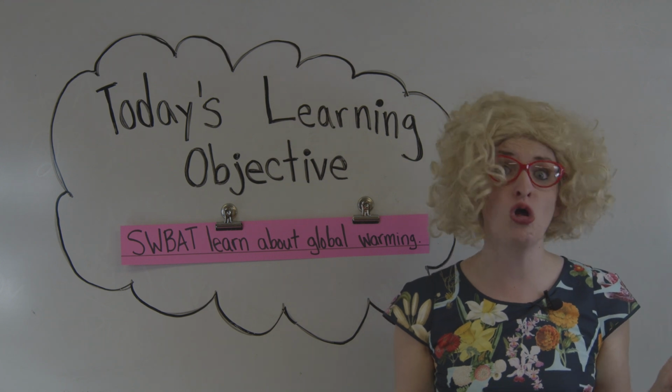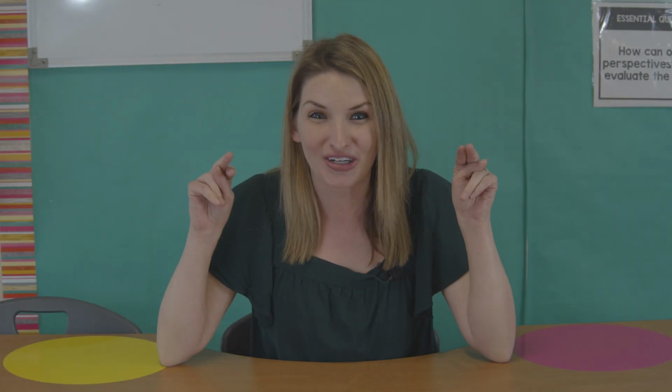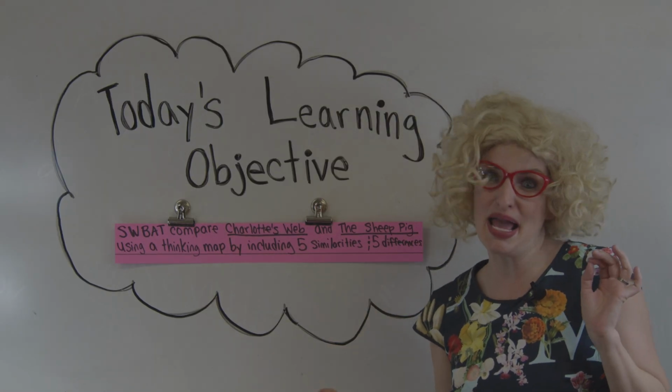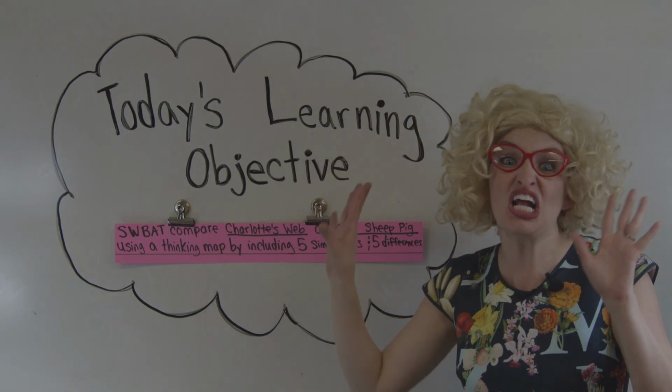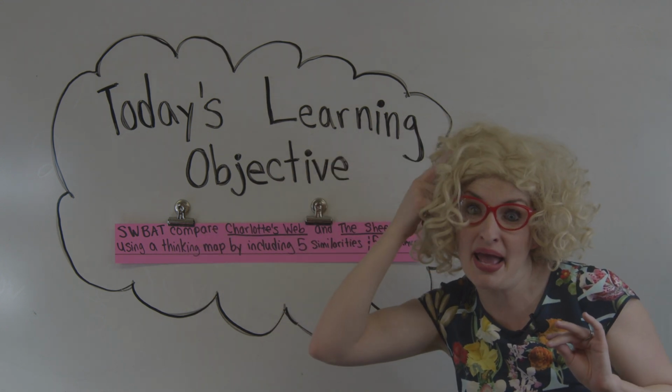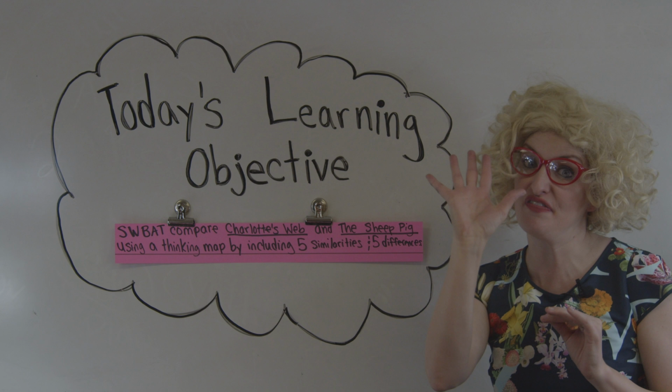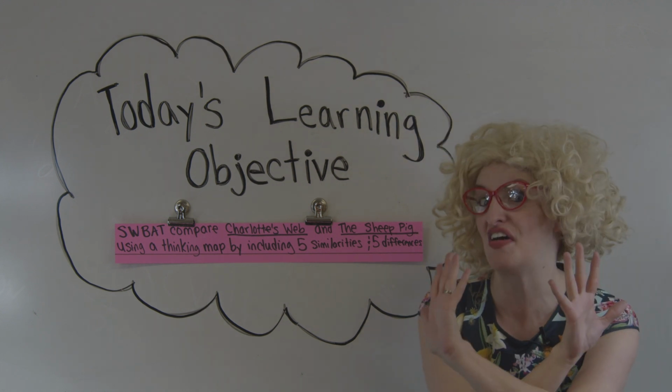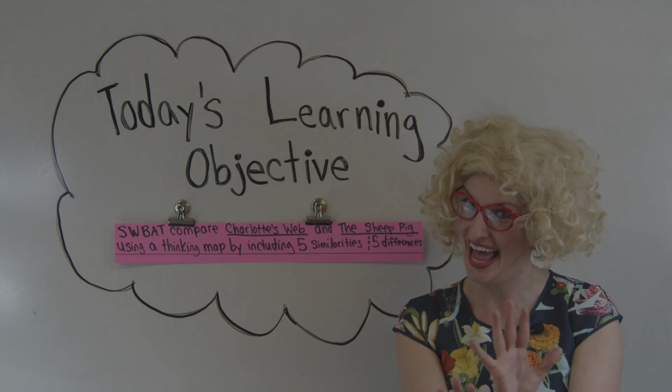Try another one. Students will be able to learn about global warming. Super weak. Weak verb, learn. What are they doing to learn? What are the conditions? What is the criteria? Just bad. Students will be able to compare Charlotte's Web and the sheep pig using a thinking map by including 5 similarities and 5 differences.